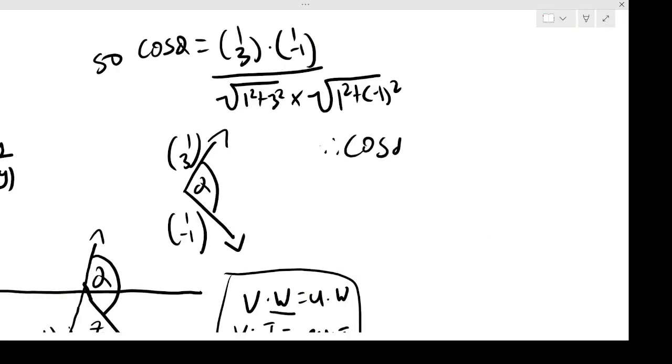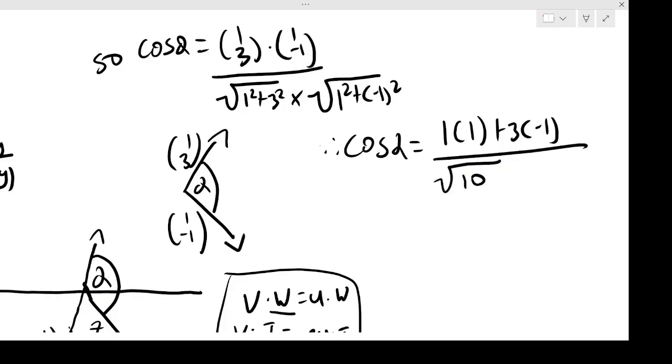So if I now simplify this fraction, that's going to go to 1 lots of 1 add 3 lots of -1 over, and if I simplify the roots, root 10 times root 2. So if I simplify all of this, 1 minus 3 is -2 over root 20.